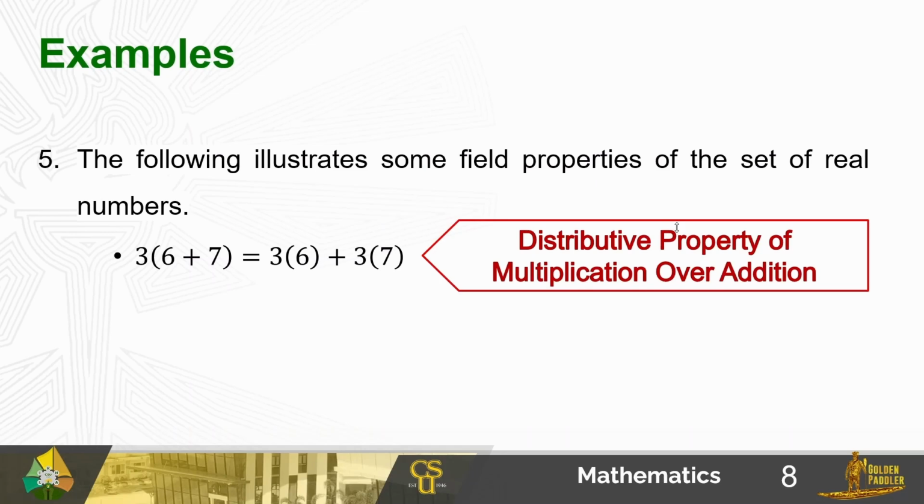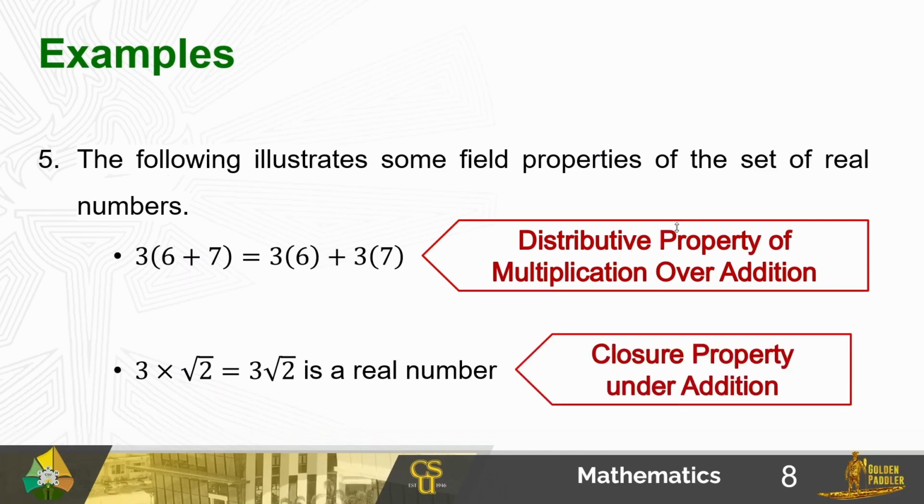Now, how about if we have the statement 3 times the square root of 2 and that is equal to 3 square root of 2, which is a real number? Again, what field property of real numbers illustrates this? Okay, the answer is the closure property under multiplication.